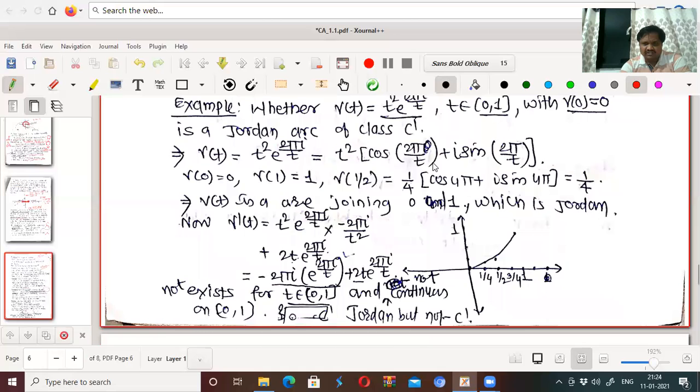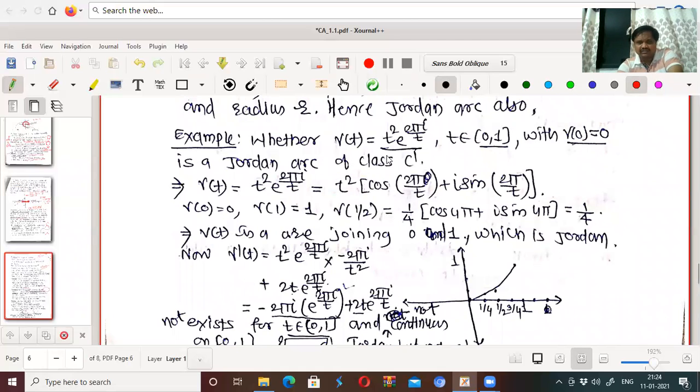Whether it is continuously differentiable or not. Yes, it is a Jordan arc, simple, but not continuously differentiable. Why? If I find its derivative, what will happen? First function as it is, into the derivative of e to the power 2 pi i by t, which is 2 pi i into the derivative of 1 by t.